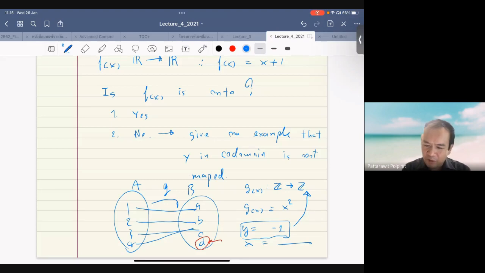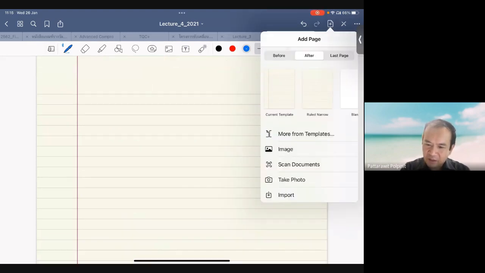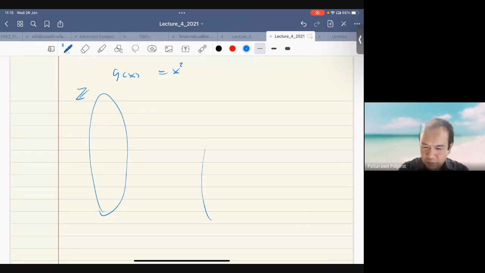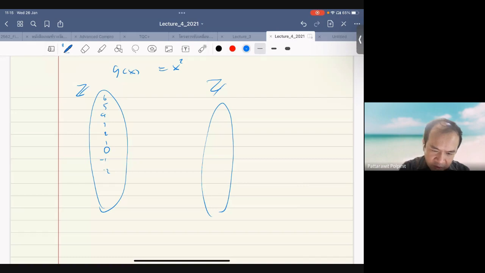If you try to draw a picture for g of x equal to x squared, you get something like this. Let's say these are the integers: 0, 1, 2, 3, 4, 5, 6, dot dot dot, -1, -2, -3, -4, -5, -6, dot dot dot.